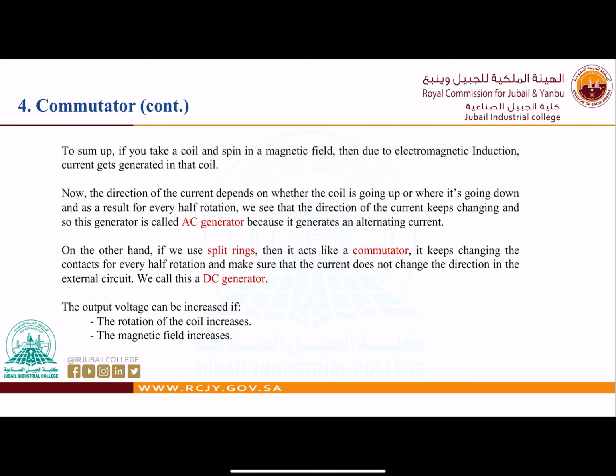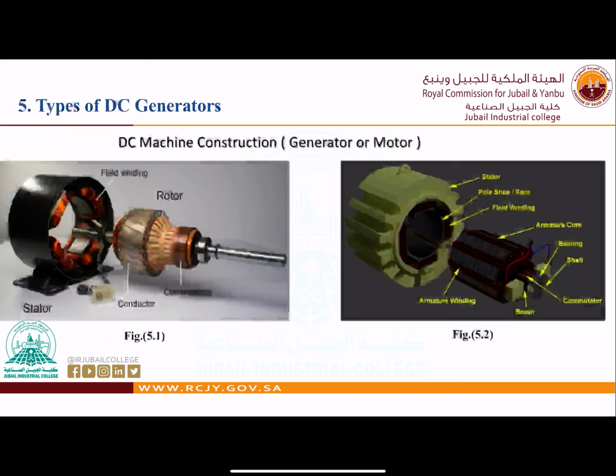As the rotation of the coil increases and the magnetic field increases, the output voltage can be increased by the rotation of the coil and the magnetic field, okay? So this is the construction of a DC machine. A DC machine has a stator. This is the stator. It has a field winding inside.